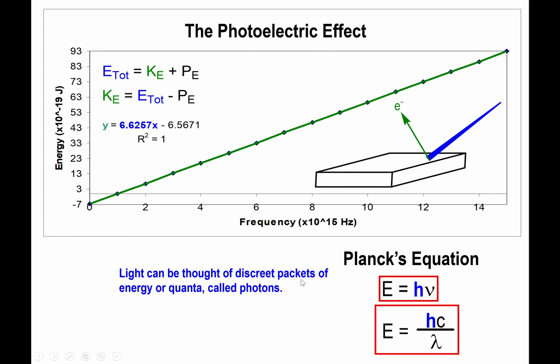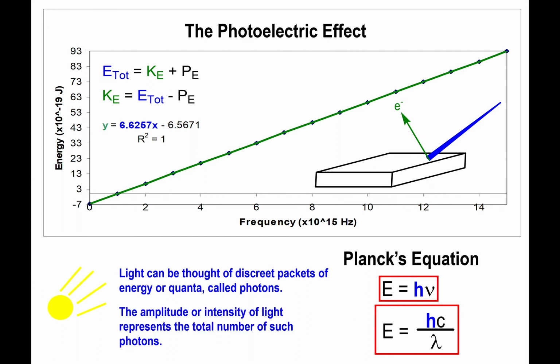Now, these discrete packets of energy are called photons, and this is something we're going to touch upon a little bit later in this lecture. But the idea that light comes in discrete packets is setting up the picture that light might actually be behaving like a particle and not so much as a wave. This is something we're going to investigate a little bit more in future videos.